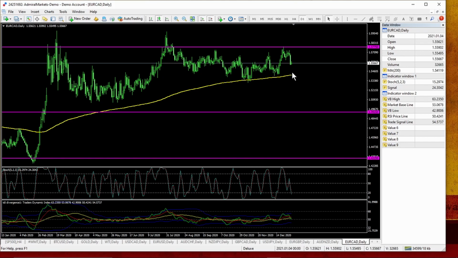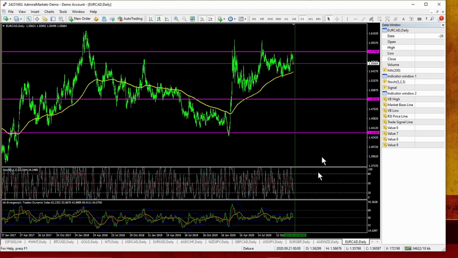So looking at the way that is trading, on the 10th, which is over here, we will look to go long. We will look for long trades in the window of the 10th all the way to February the 10th.